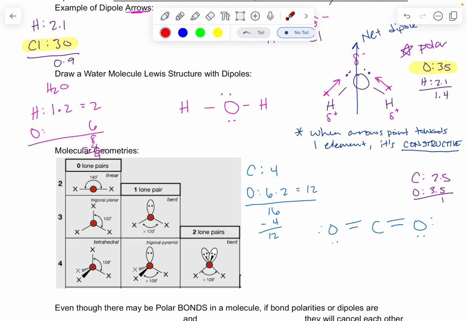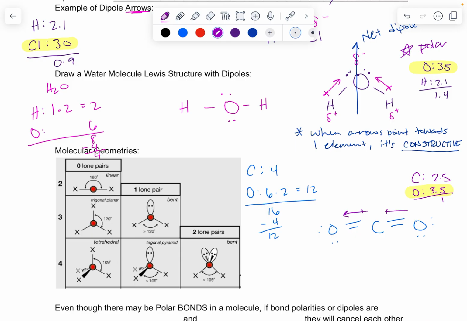Perfect. So we know that we're going to draw our little notation and we're going to draw our arrow. But where are we going to draw our arrow pointing to? Who has the higher electronegativity, carbon or oxygen? It's oxygen. Oxygen has the higher electronegativity, so when I draw my arrows, they need to be pointing towards oxygen.